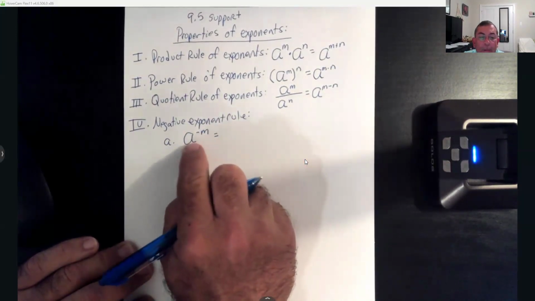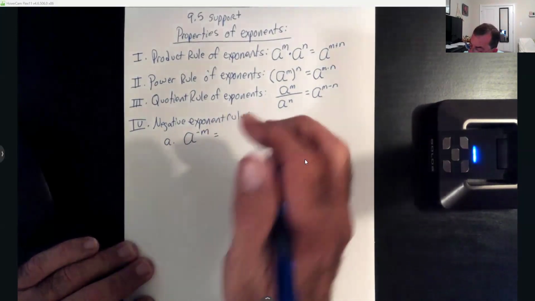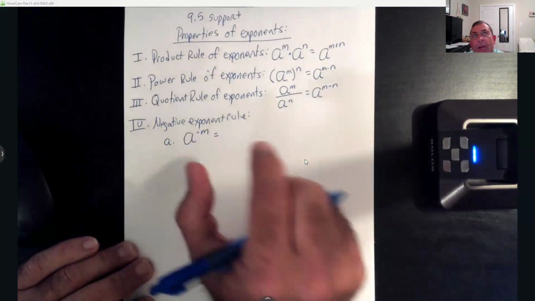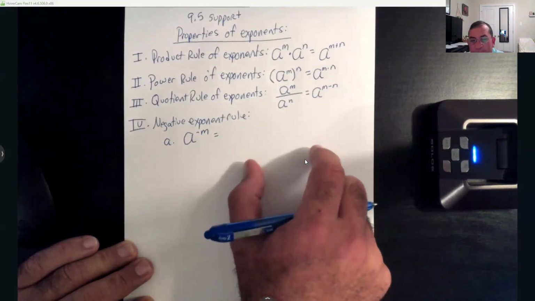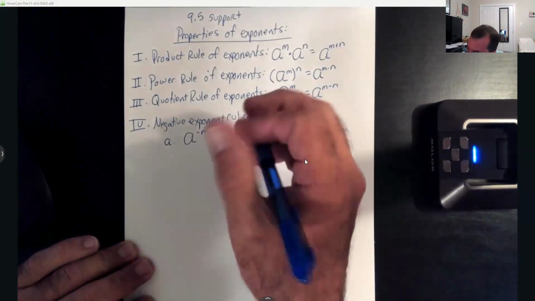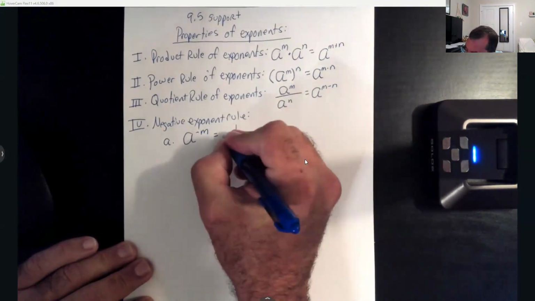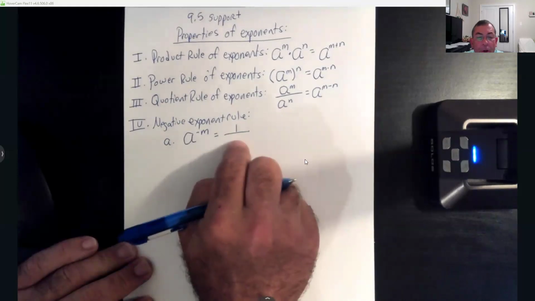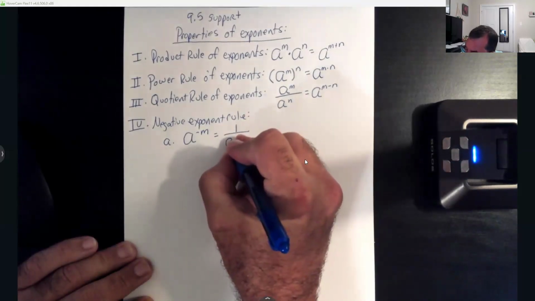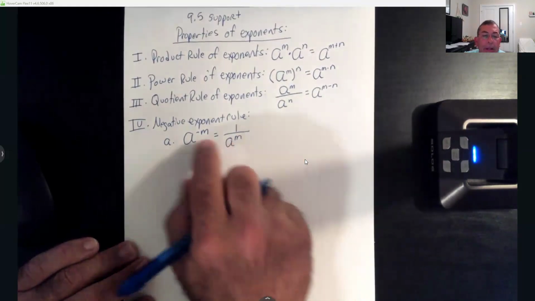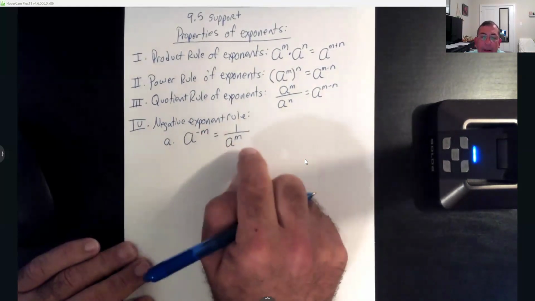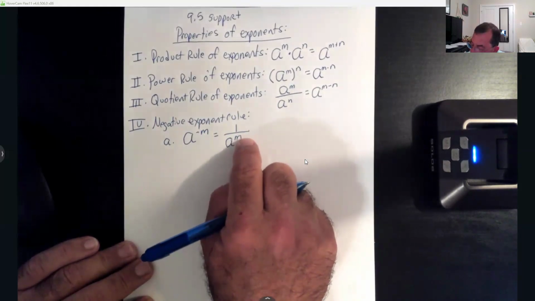You got a number or a variable raised to a negative exponent. And the rule is you got to write things with positive exponents when you're done simplifying. So to make a negative exponent positive, I put this under 1 and change the sign of the exponent to a positive. So it's basically like you're flipping it and changing the sign of the exponent.